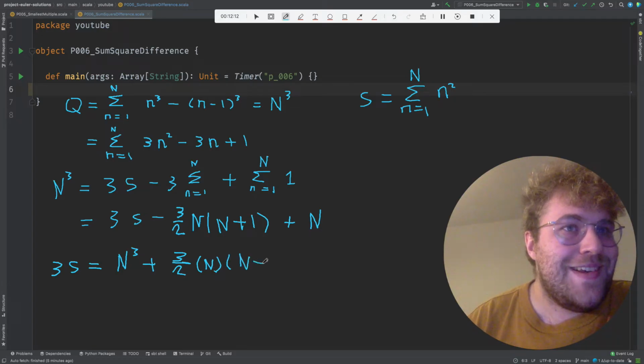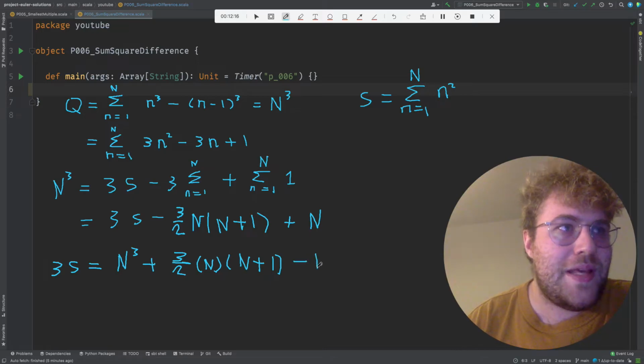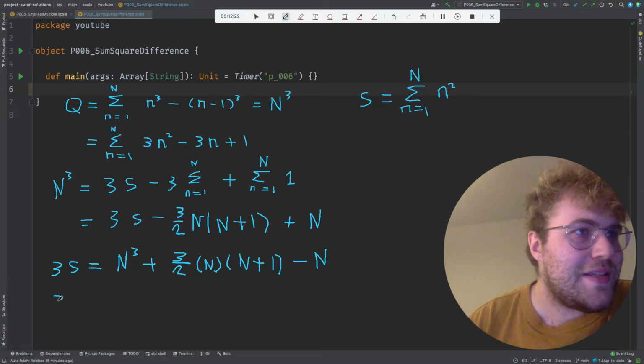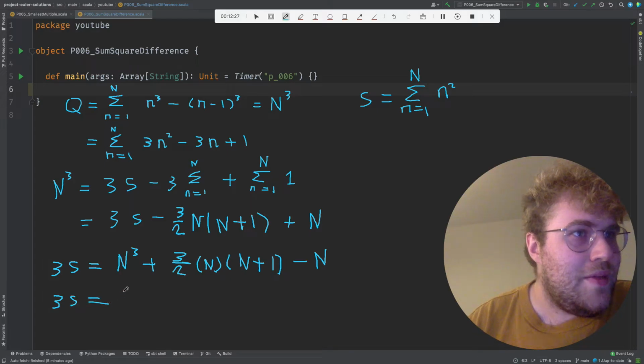And then because we're changing over to the other side, that's going to be a minus N. Great. And then we can take out a factor of N over 2. So 3S equals, let's take out a factor of N over 2, like this. And what we're going to have inside is N squared, plus 3N plus 3.